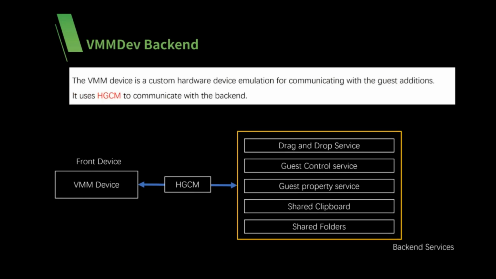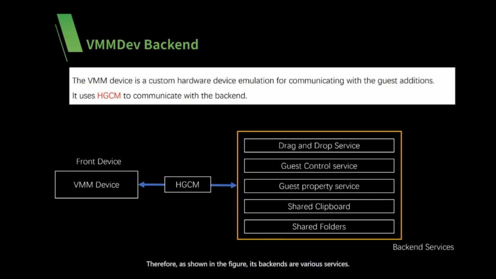Next is Vmm Device Backend. Vmm Device doesn't emulate hardware device. It is just a custom host and guest communication device. It provides a communication basis for sharing files, dragging files, and other functions.